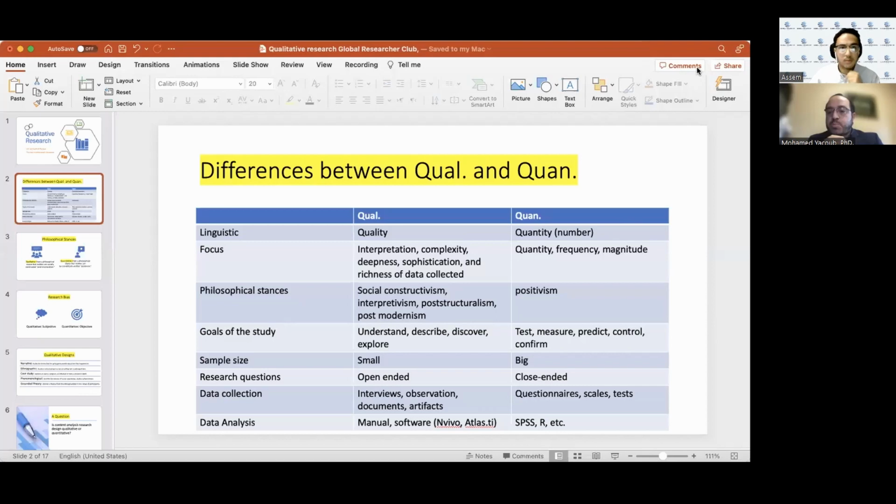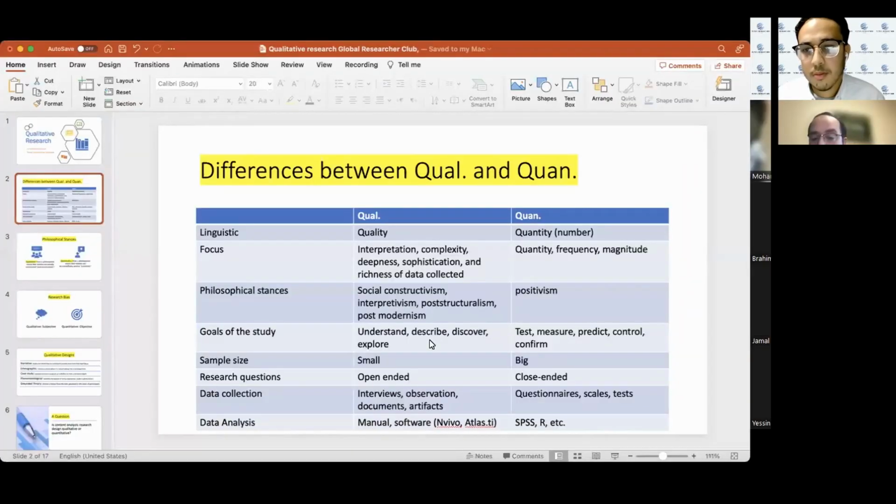But when it comes to quantitative research, these methods come from a theory that is called positivism. Positivism is a theory that considers realities as discrete: we can see reality, we can measure reality, we can talk about reality objectively.